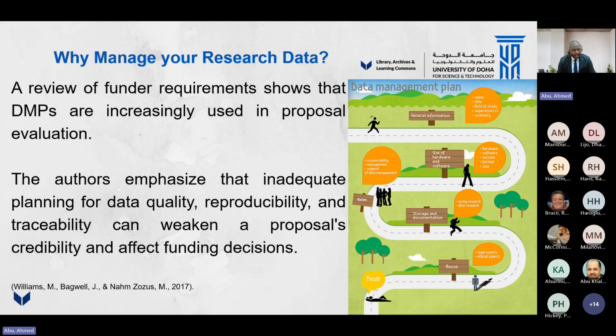Okay. Now, like I said, reviewers, when you check most of our funders' requirements for grant proposals, you will see that DMP is part of the evaluation. So what it means is that when you have an inadequate DMP, it could reduce your chances of winning the grant. We all know that grants are very competitive.